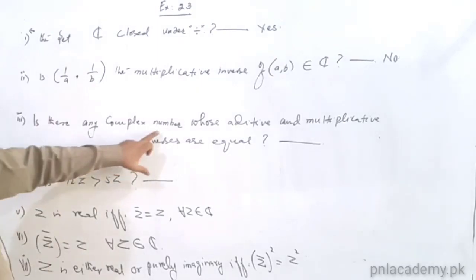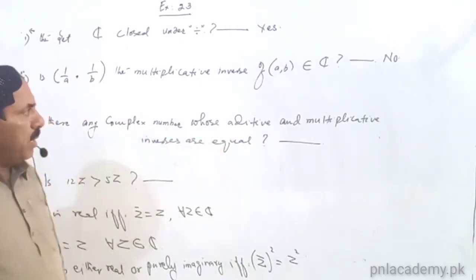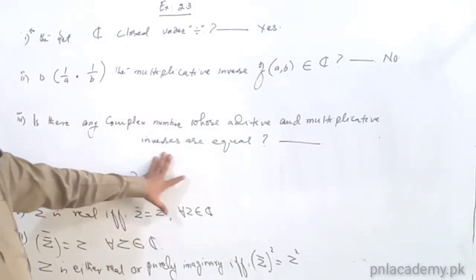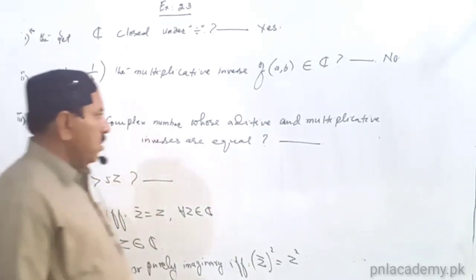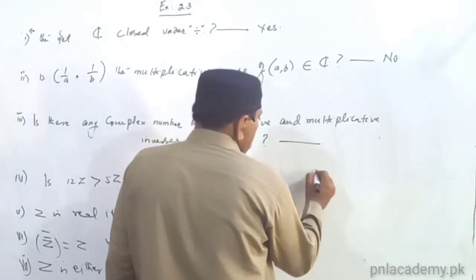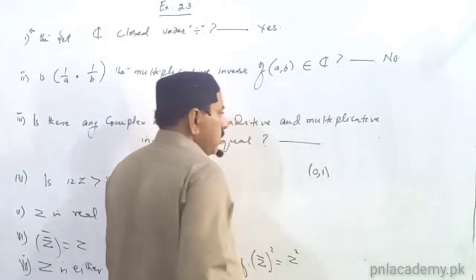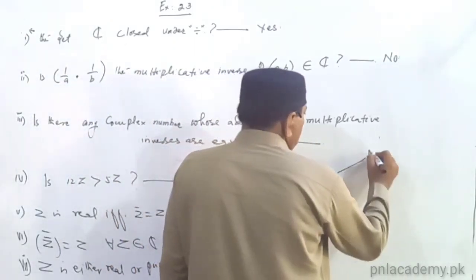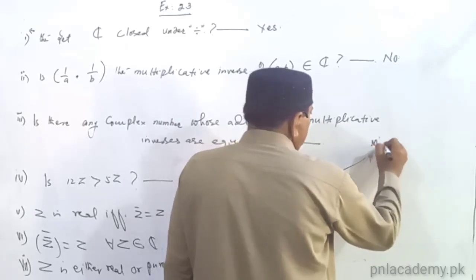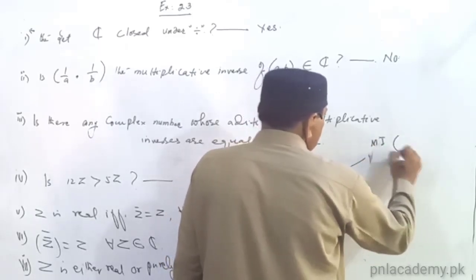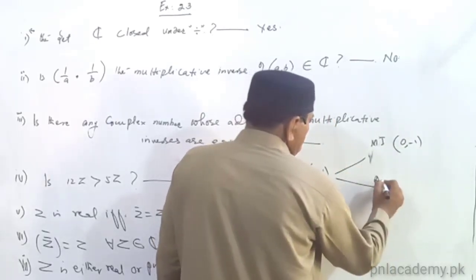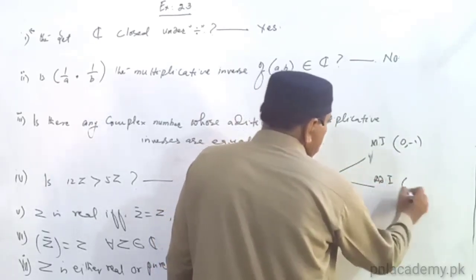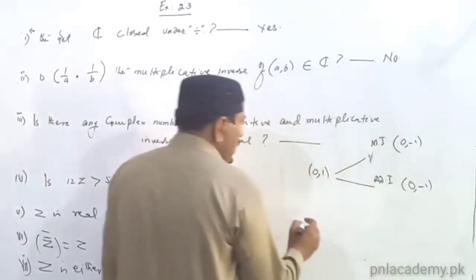Is there any complex number whose additive and multiplicative inverses are equal to each other? Yes. According to my knowledge, 0, 1: multiplicative inverse 0, minus 1, additive inverse 0, minus 1.